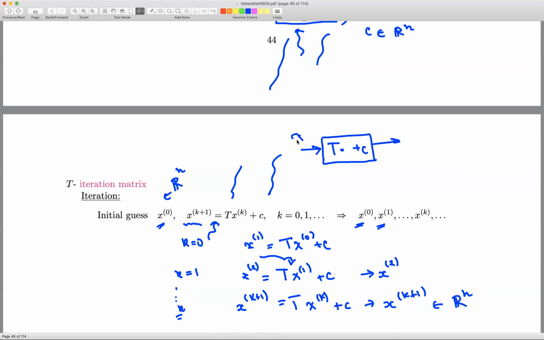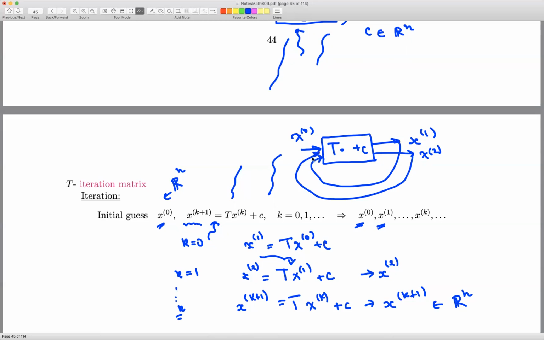So if we input x0, we will output the vector x1. Once we have the vector x1, we input it again in the black box. Then we have T applied to x1 plus c. We will have another vector x2, and so on.